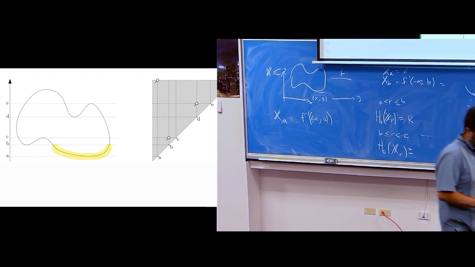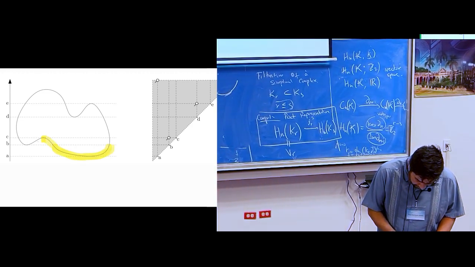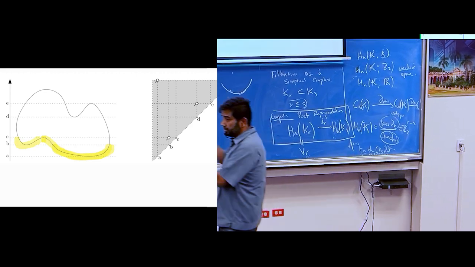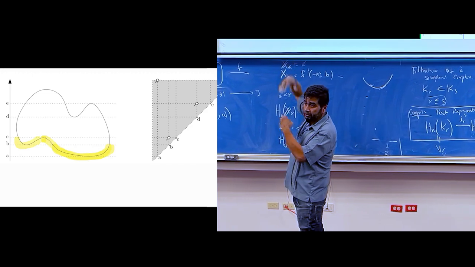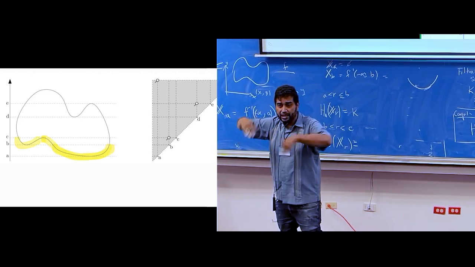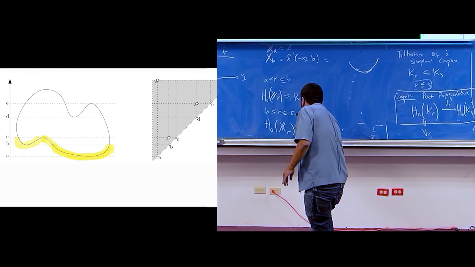In that case we have this and this, two pieces. They never touch each other, because even at the value C, that point at level C does not belong to the pieces. So we have K squared.